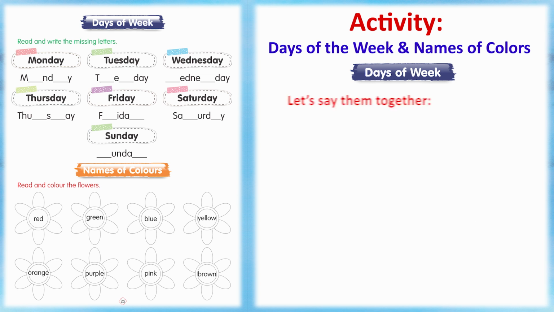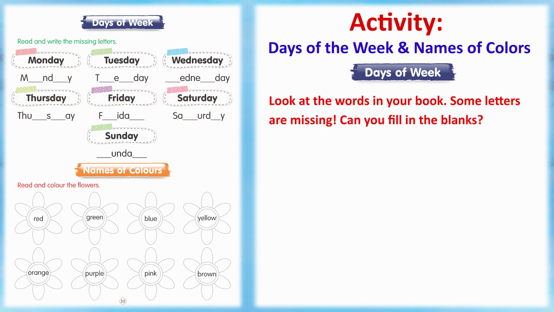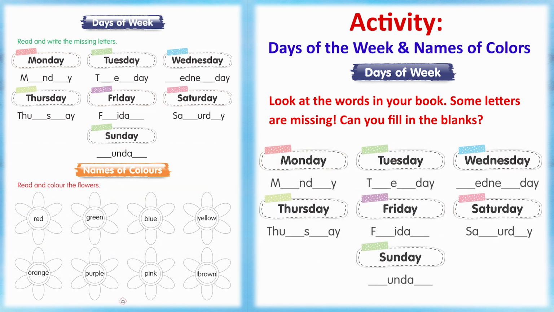Activity time. Look at the words in your book. Some letters are missing. Can you fill in the blanks? For example, Monday, M-O-N-D-A-Y. Tuesday, T-U-E-S-D-A-Y. Wednesday, W-E-D-N-E-S-D-A-Y.